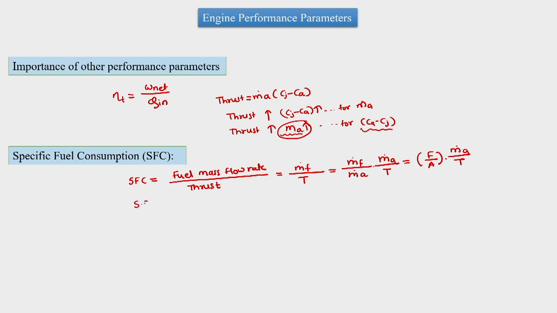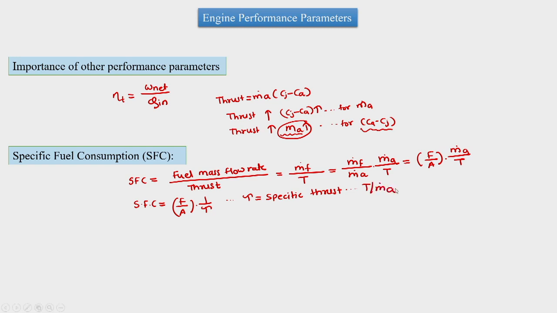So, SFC equals fuel air ratio into 1 upon small t, or we will say it as tau, and this tau is specific thrust, that is T upon m dot a.